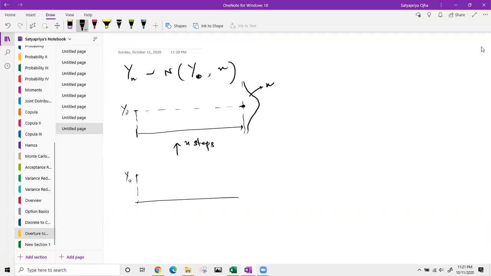We have a visual, but I'm just trying to show you without the visual. If I increase n to n dash, it has increased. Same mean, but now it will be more dispersed, so a little bit fat tails. Something like this will happen. More variance, so it will be dispersed more and more with increasing number of steps.